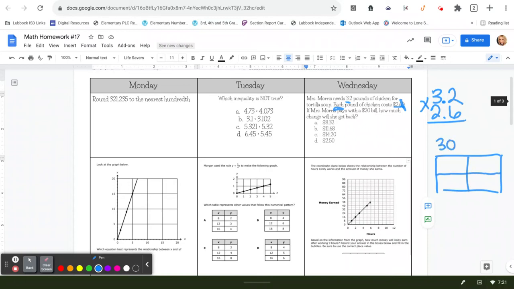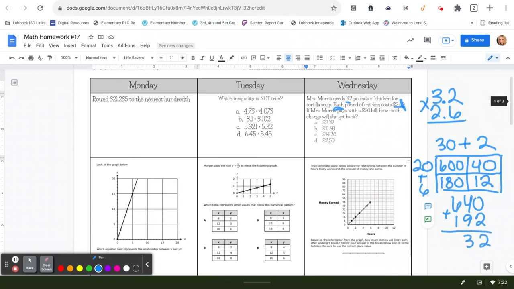So I'm going to do 30 plus 2 times 20 plus 6. 2 times 3 is 6, and I have 2 powers of 10. 2 times 2 is 4, and I have 1 power of 10. 6 times 3 is 18, and I have 1 power of 10. And 6 times 2 is 12. We add these. I get 640 for the top row, and I get 192 for the bottom row. We add.